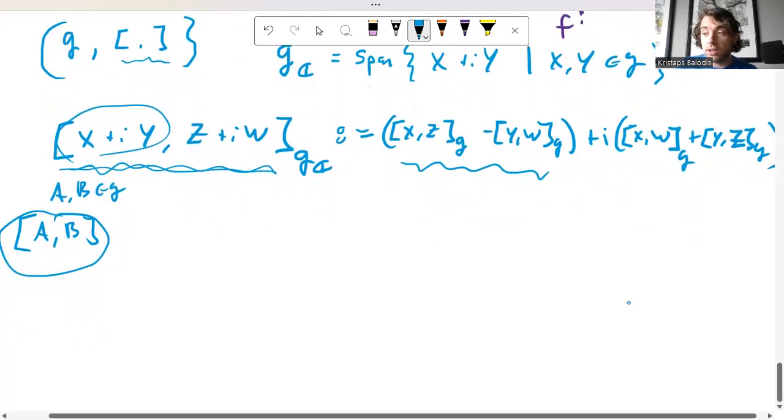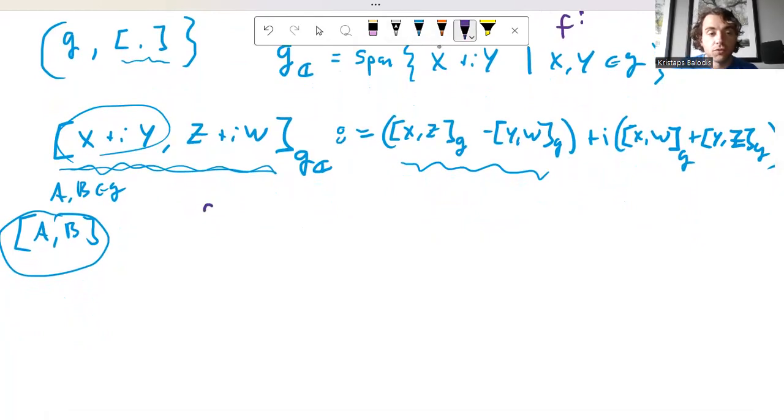So generally speaking, you can prove that if we have a real Lie algebra, but realized as a subalgebra of n by n complex matrices, then the complexification can be described as this.